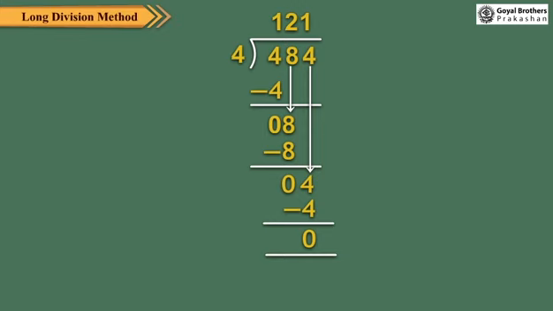We know 4 into 1 is equal to 4. So write 1 in the ones place of the quotient and 4 below 4 and subtract 4 from 4. So we get 484 divided by 4 is equal to 121 and the remainder is equal to 0.